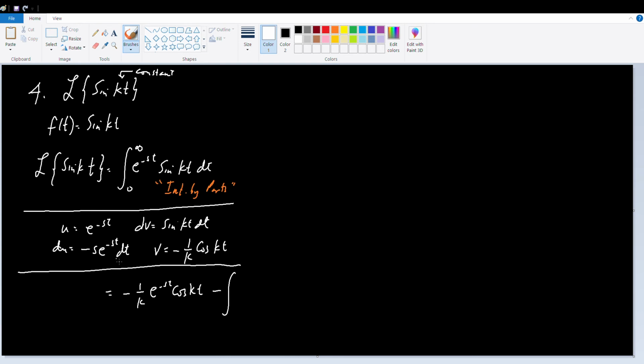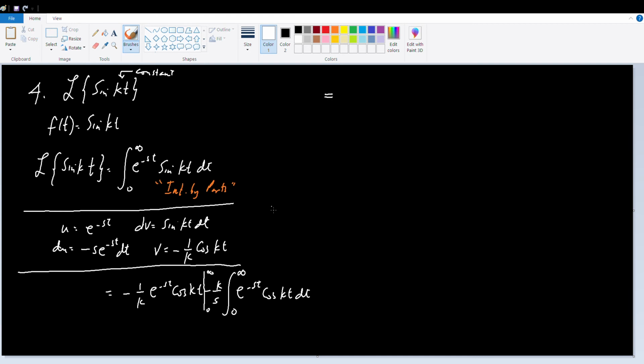Negative times negative is positive, so that will be k over s, e to the negative st cosine kt dt from 0 to infinity. And this part is also evaluated from 0 to infinity.